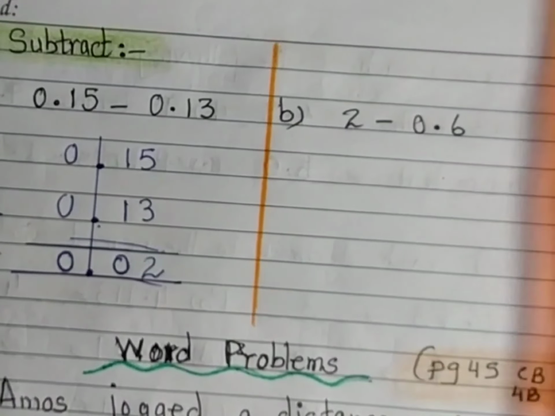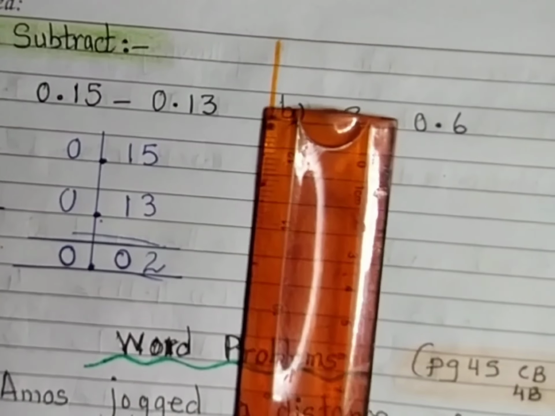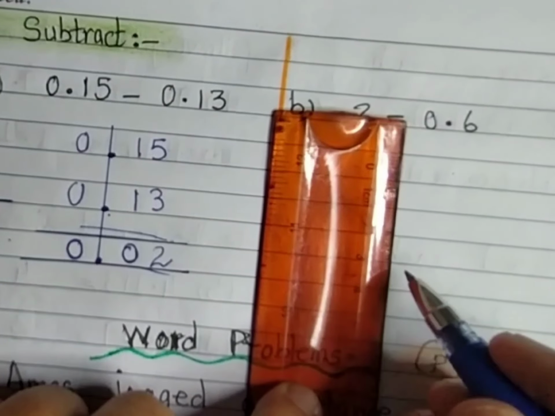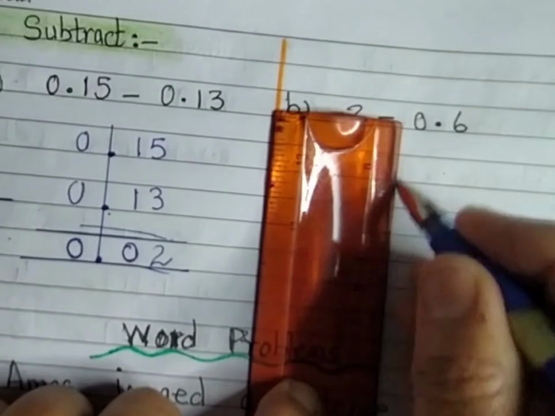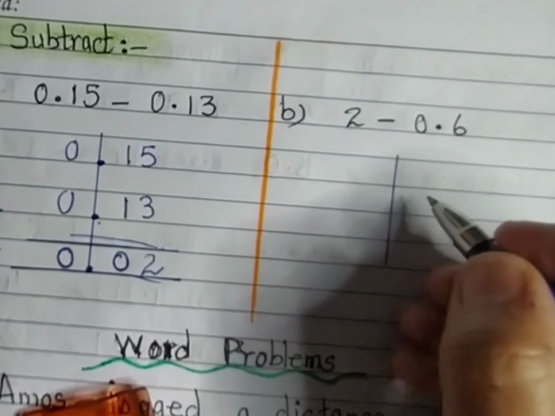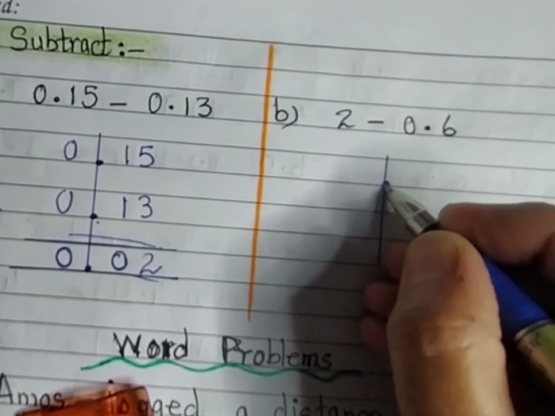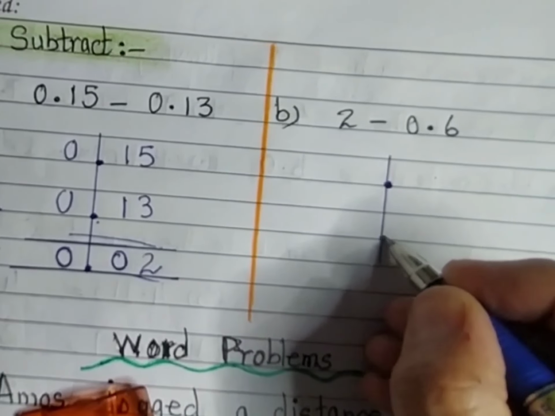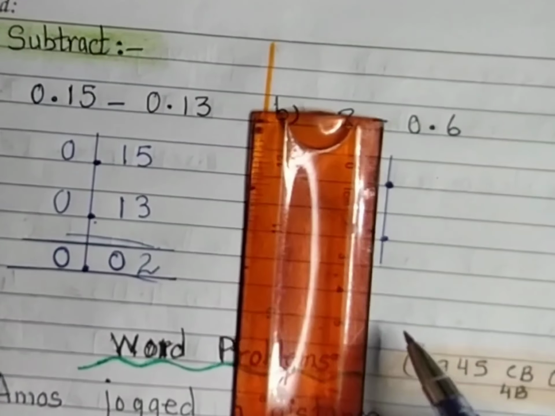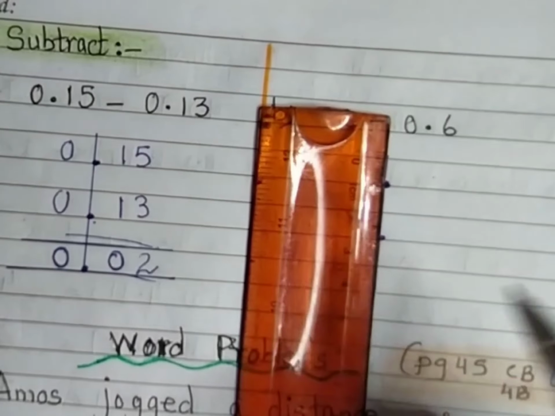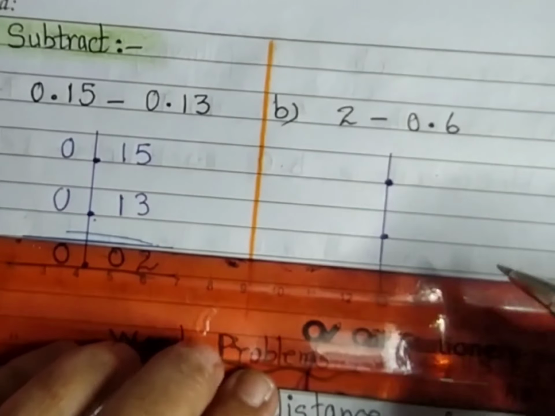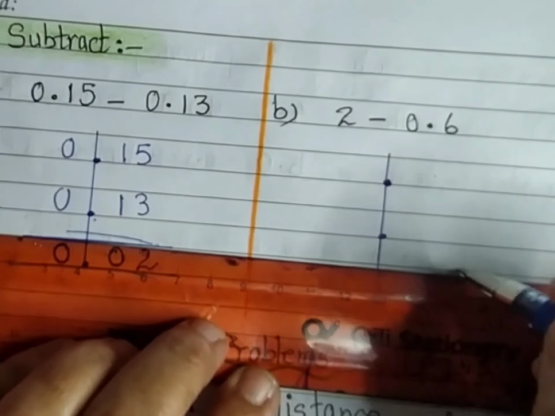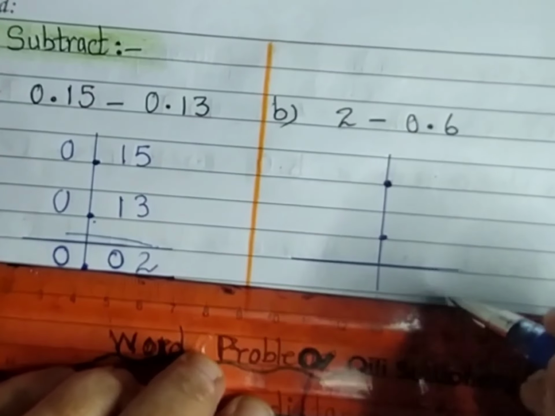Okay, now we come to the second question of our subtraction sum, and I would love to make a line first. This is something which is very important for all of you to know, that if you do not make that line there, you might get your answers wrong.